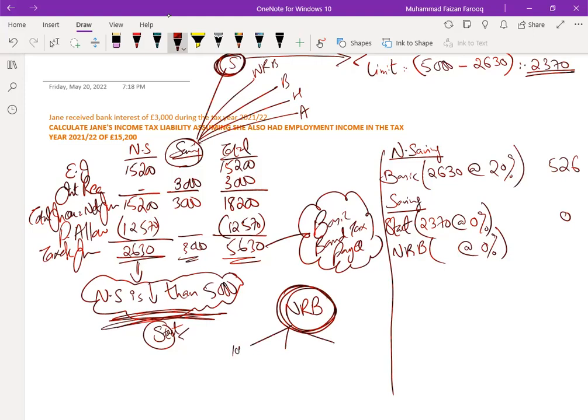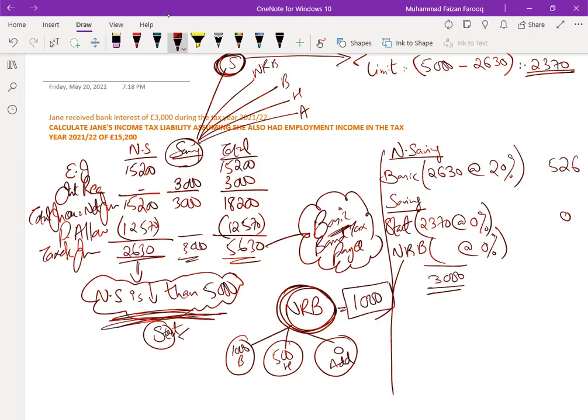It can be 1,000, it can be 500, or it can be 0, depending on whether it is a basic, higher or additional band taxpayer. This guy is a basic band taxpayer. So the limit is how much? Limit is 1,000. So the nil rate band limit for this particular question will be 1,000, right or wrong? Right.